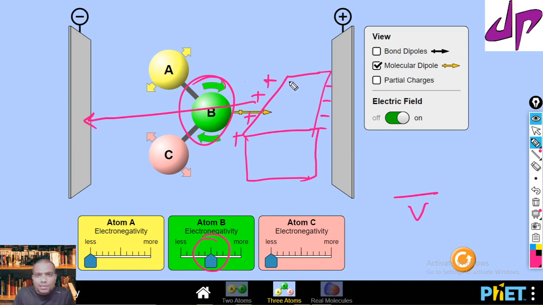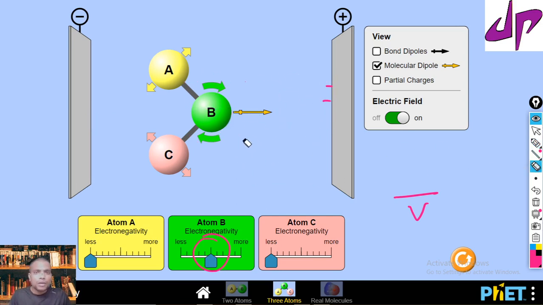Now what is in between? In between, the total dipole moment, or in other words the total electric field, contributes to 0. Let me take one more diagram to help you understand better.